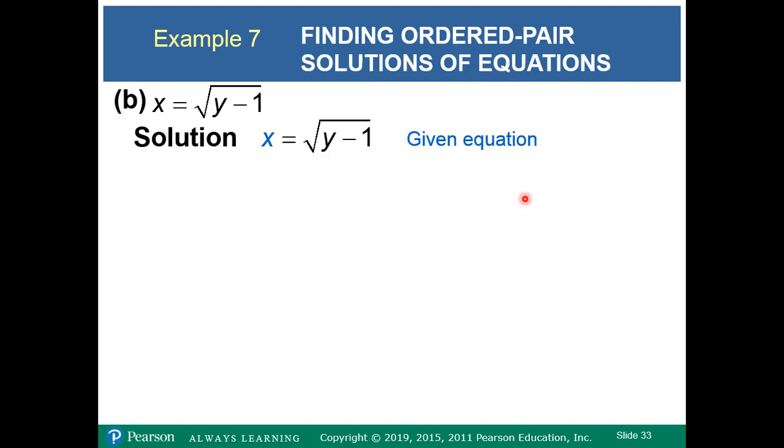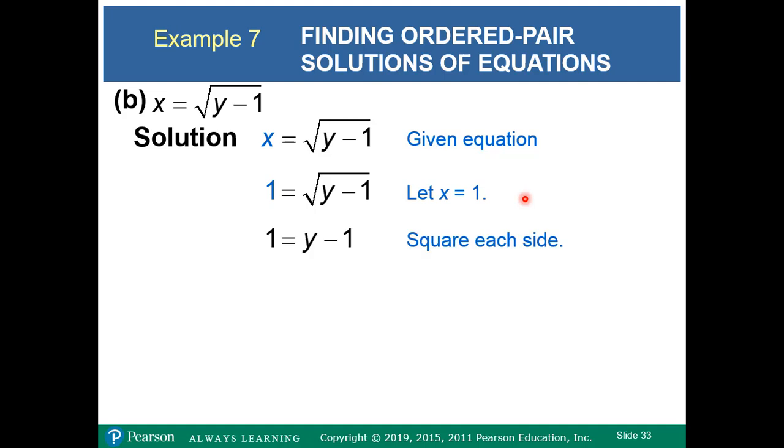Okay, now what about this? Well, we have x equals the square root of y minus 1. So here's our equation. We plug in 1, right? Now we square both sides, and we get 1 equals y minus 1.